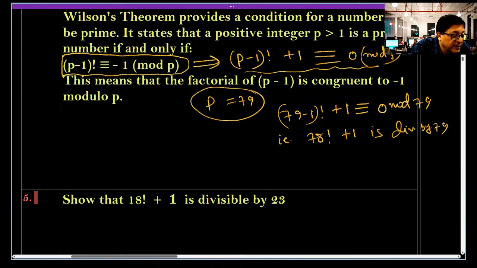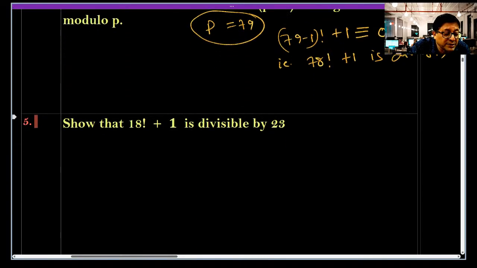First you try to prove that factorial 18 plus 1 is divisible by 23. There is no relation between 19 minus 1 and 23. This is the main problem here. Am I correct? So how to prove?